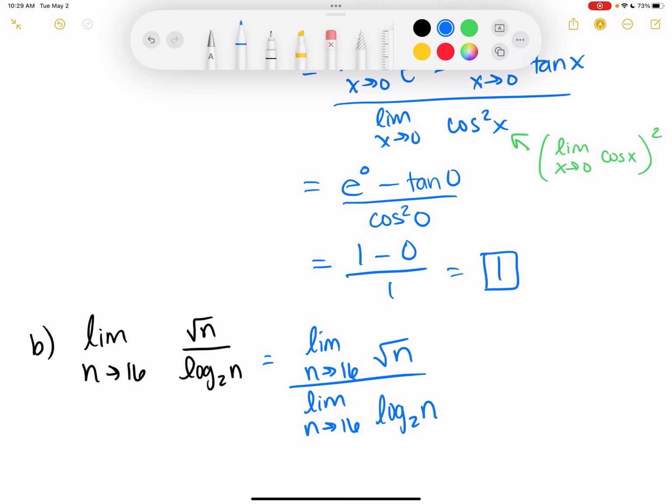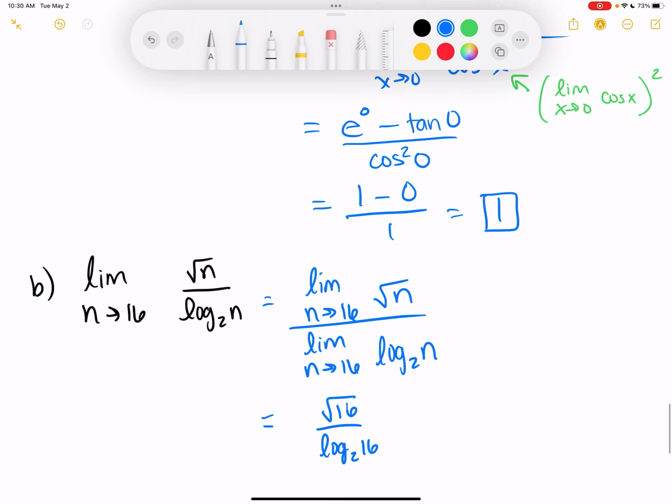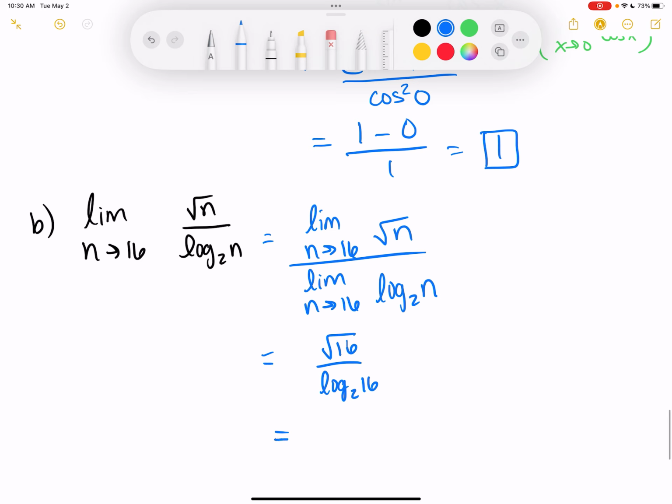Now, is there going to be any problem for me plugging in 16 to the bottom? Is there any risk of that being 0? No, so I'm going to go ahead and plug it in. So the square root of 16 over log base 2 of 16. Square root of 16 is 4. Log base 2 of 16 is equal to x.